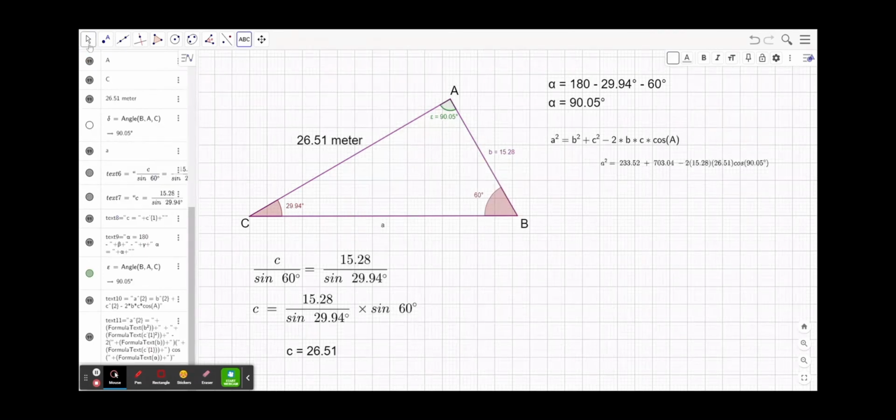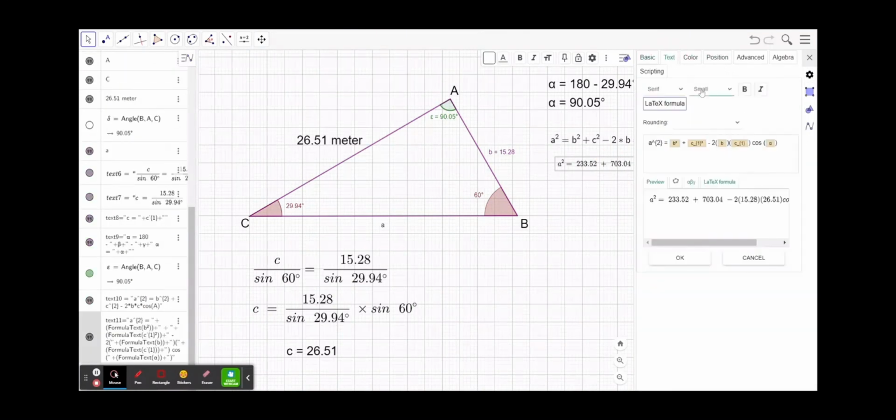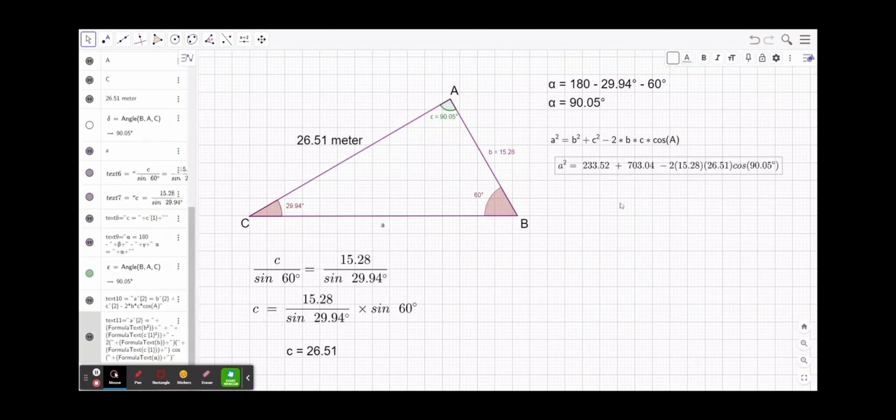Let's increase the size a bit. Okay, nice. Then let's solve for the value of a.